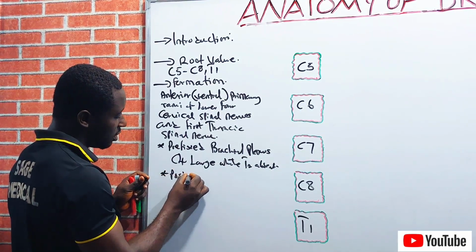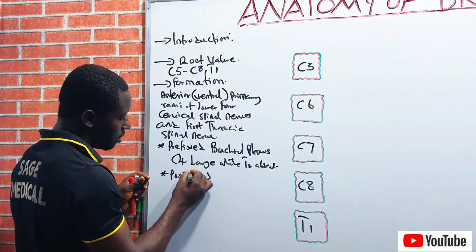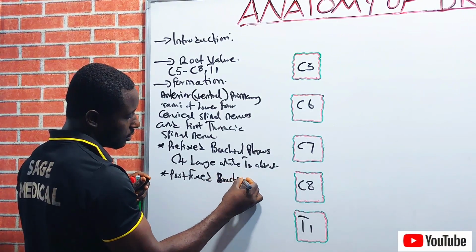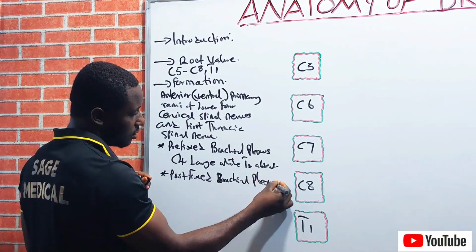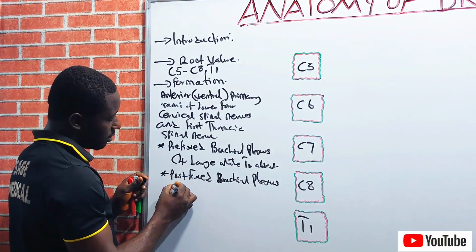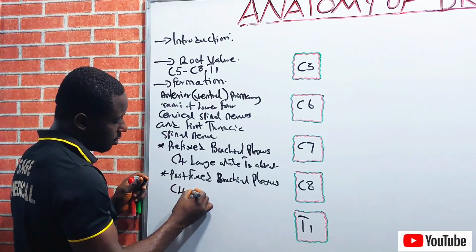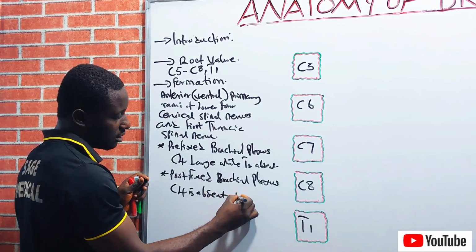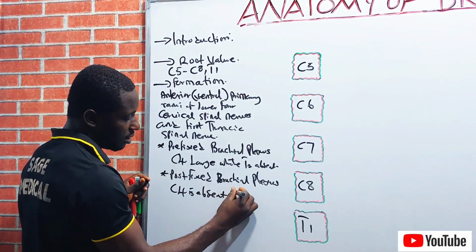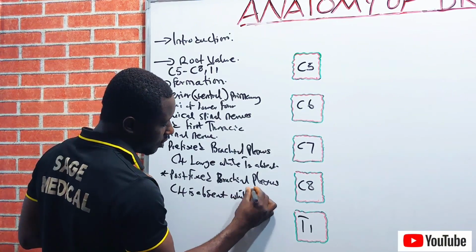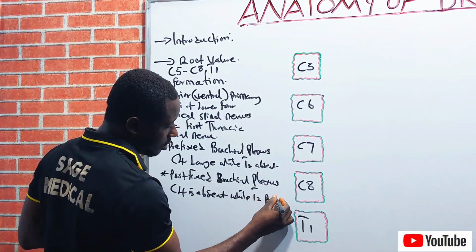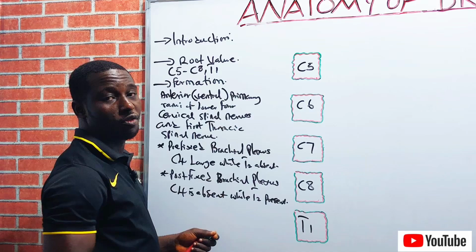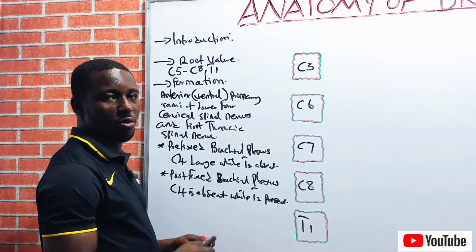In postfixed brachial plexus, C4 is absent, while T2 is present. So these are the formation of the brachial plexus.